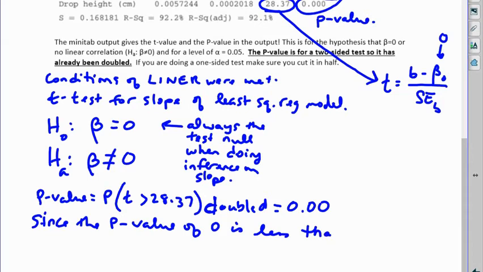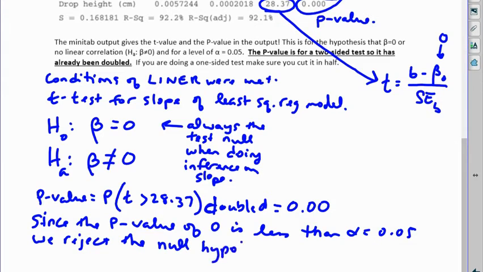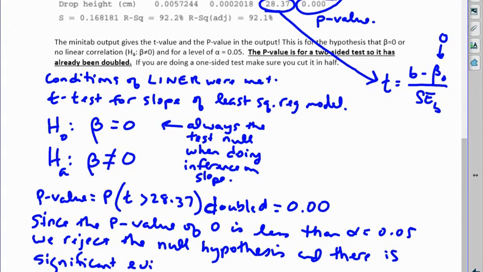So since the p-value of 0 is less than alpha equal 0.05, we reject the null hypothesis, and there is significant evidence of a linear relationship between drop height in centimeters and flight time in seconds.